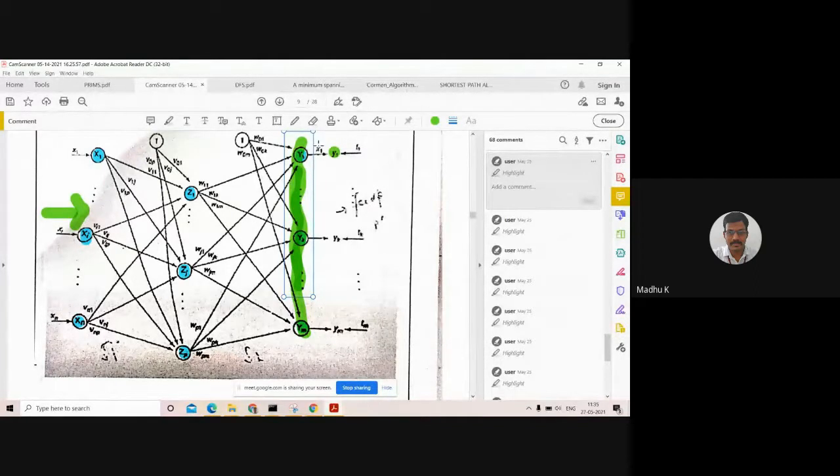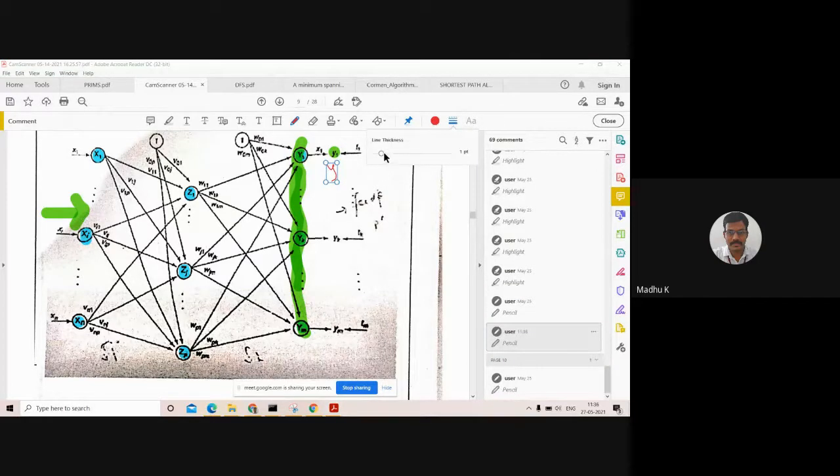Then what will we do? Suppose y1 is the output obtained from this y1 neuron. It is matched with the target output T1.